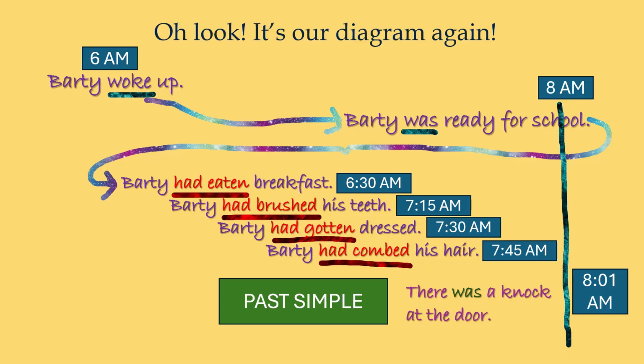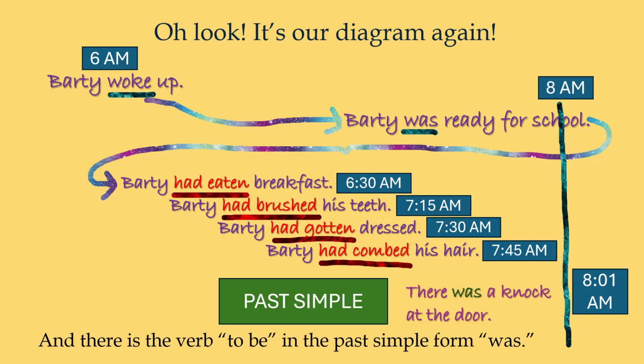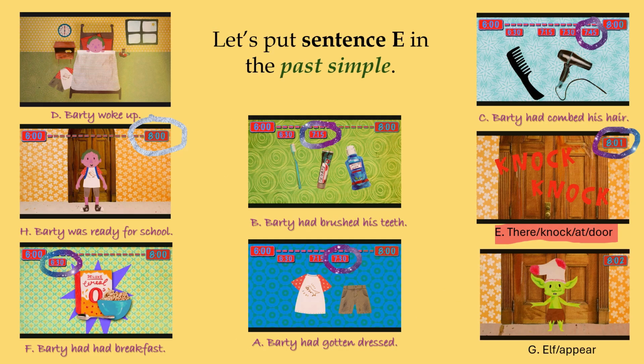There was a knock at the door, and there is the verb to be in the past simple form, was. So let's put sentence E in the past simple. And there it is. There was a knock at the door.